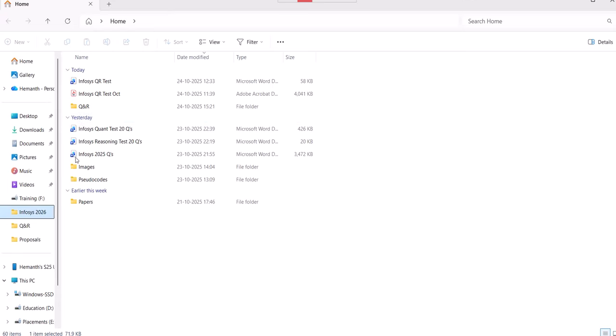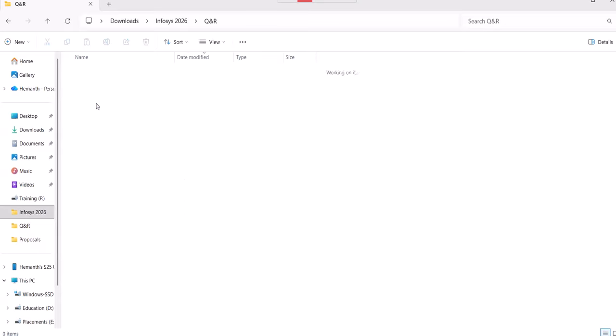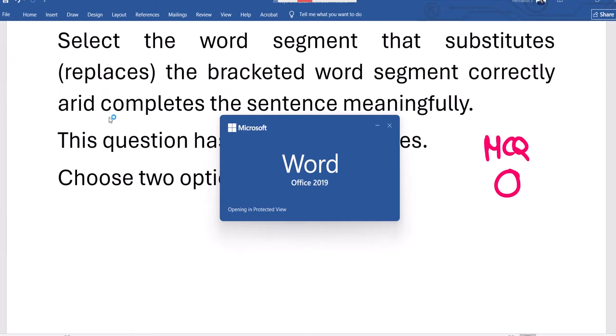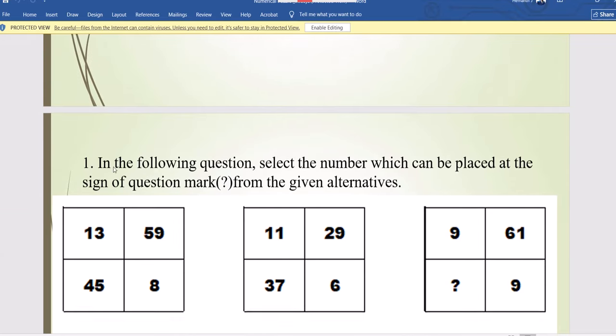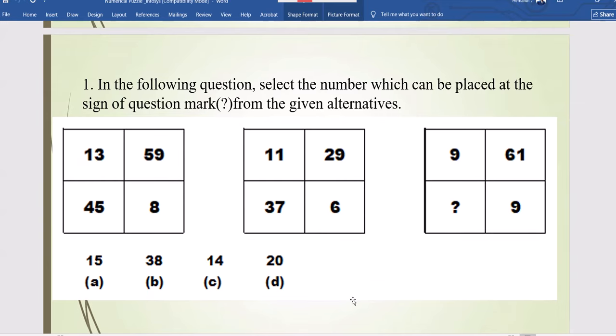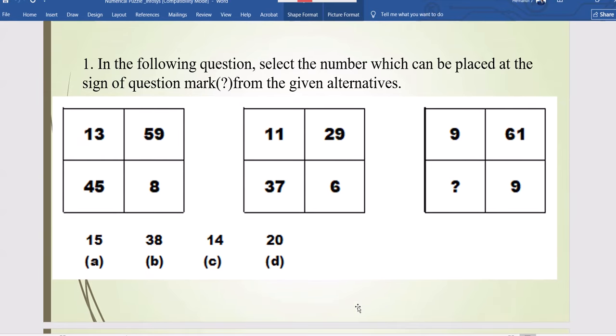Now let me go for some other set of questions. Puzzles only. What's the answer for this question? $20.